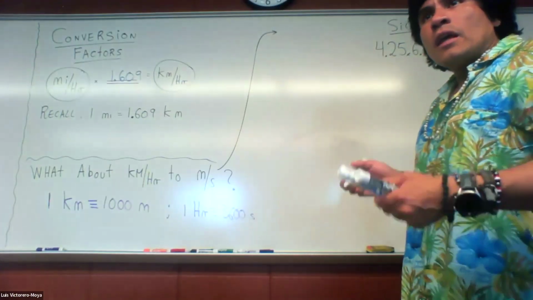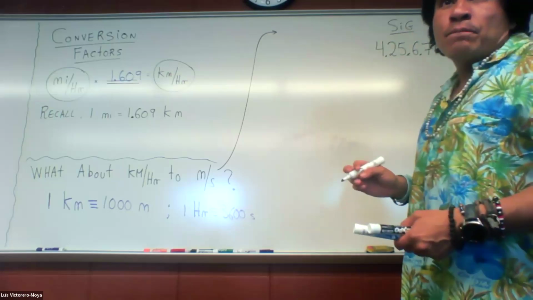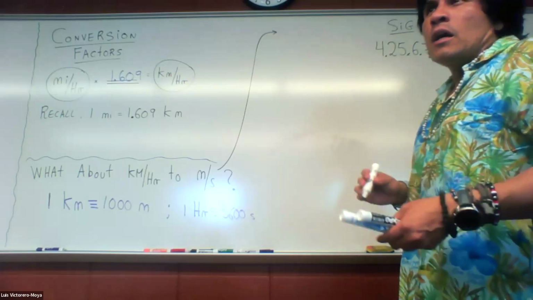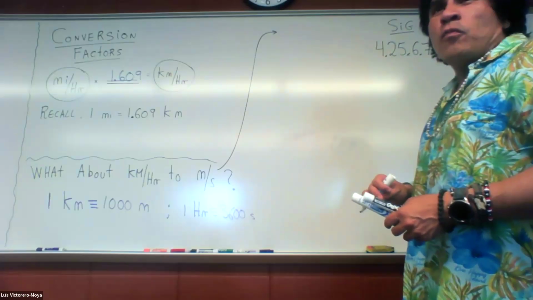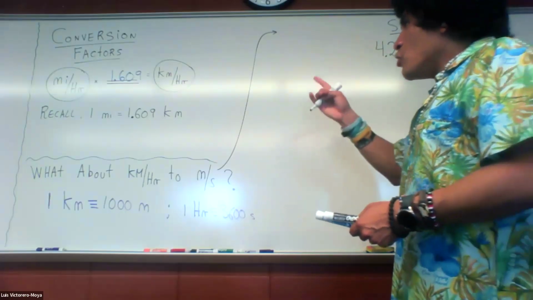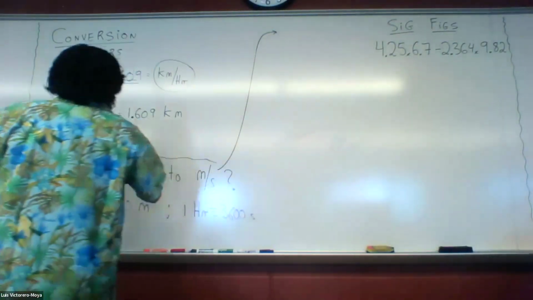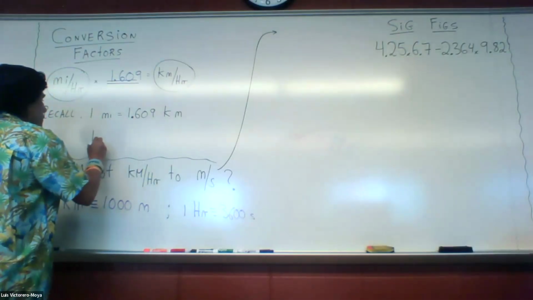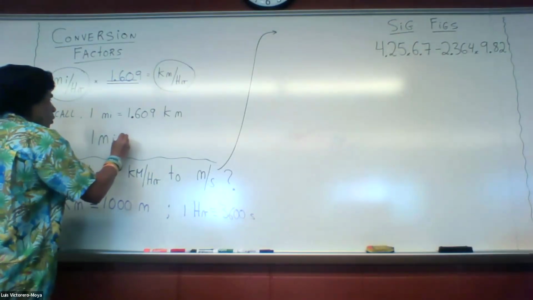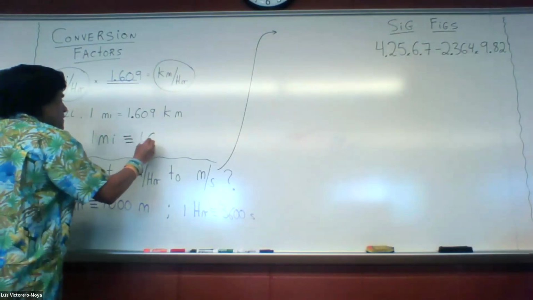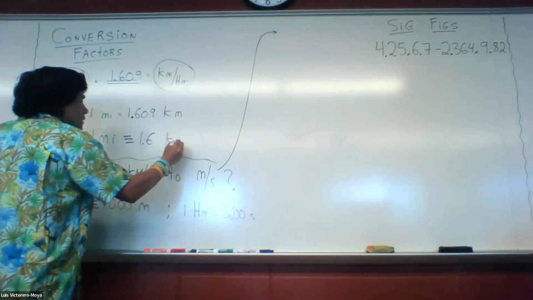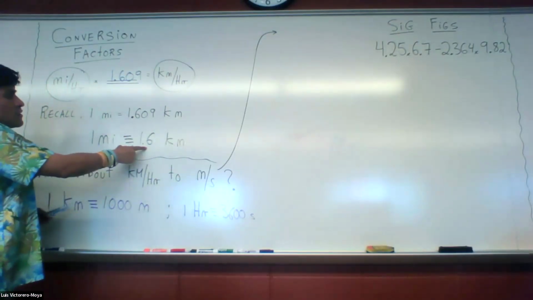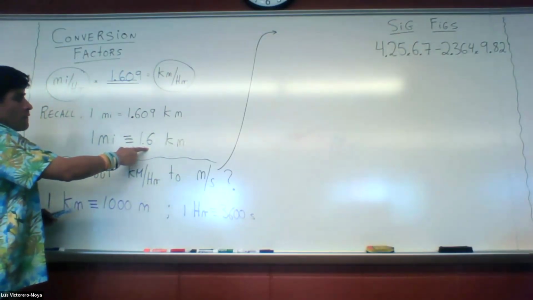And sometimes, depending on the question, right, or depending on the grade of precision, you may actually find this conversion factor to just be like 1 mile equivalent to 1.6 kilometers. Normally, that's what you find in some bibliography, in some textbooks, okay?